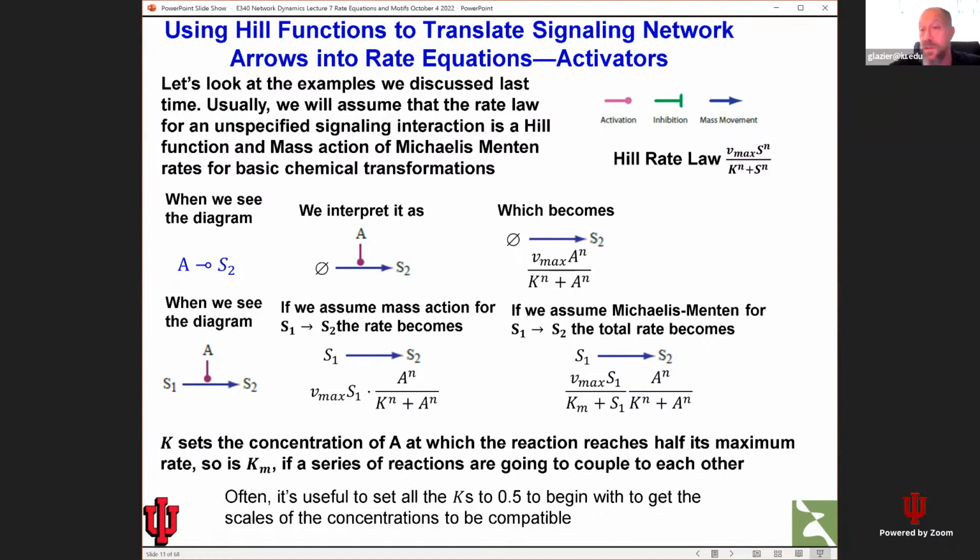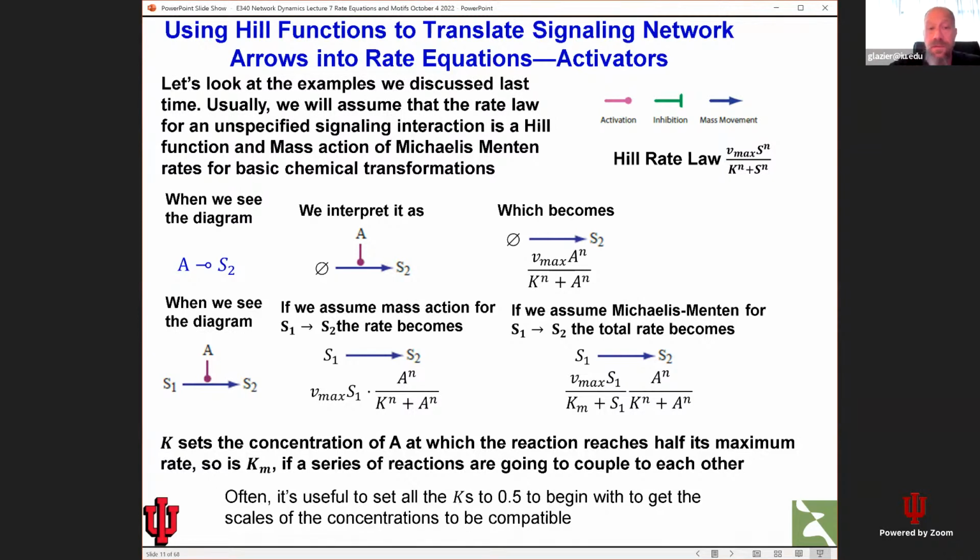The rate of that reaction depends on A. And so when we see A activates S2, we're going to interpret this as nothing goes to S2 at a rate that has some Vmax, a maximum rate of production of S2, times A to the N over K to the N plus A to the N. So it has a Hill form.